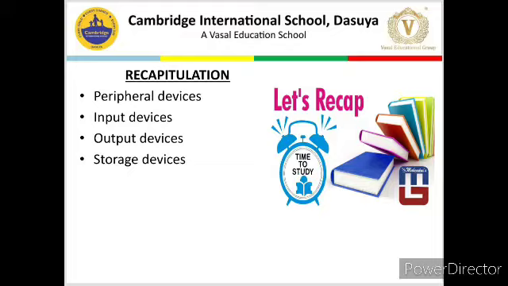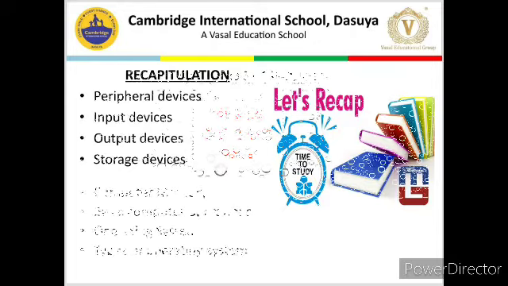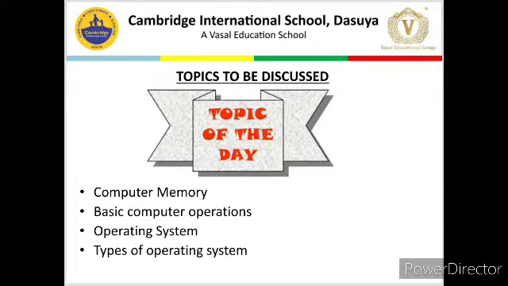Among the peripheral devices, we missed out the memory unit, the computer's memory, because of the time limits. We'll cover this topic today. In the topic of the day, we'll discuss computer memory, basic computer operations, and the operating system and its types.